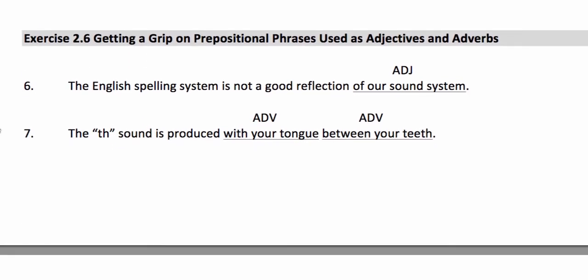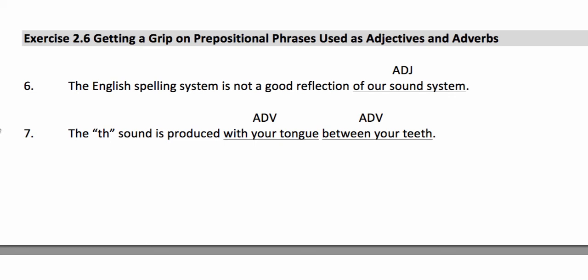And then in 2.6, again, making this same determination, is it an adjective or an adverb? "The English spelling system is not a good reflection of our sound system." So what type of reflection? One of our sound system, but also the English spelling system is not this, right? Because everything goes out with the pronoun substitution.